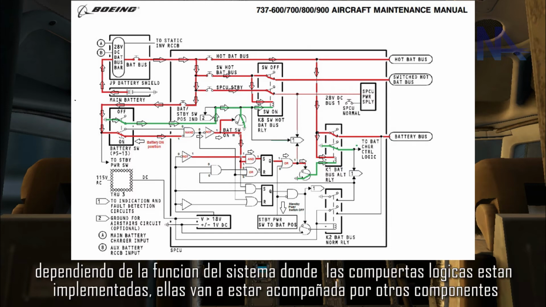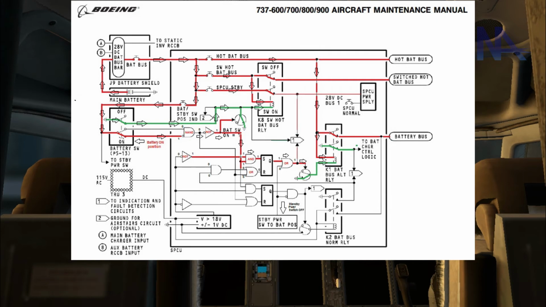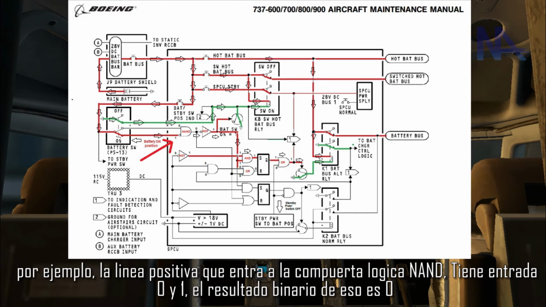Depending on the function of the system where the logic gates are implemented, they are going to be accompanied with other components that create integrated circuits, or well-known electronic circuits. For example, the positive line that gets into the logic gate NAND has inputs 0 and 1. The binary result of this is 0.